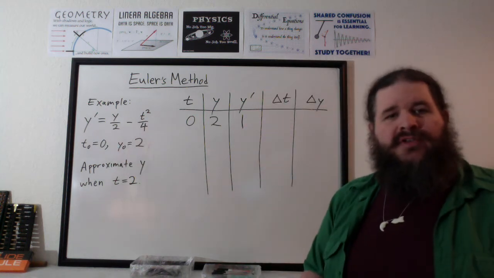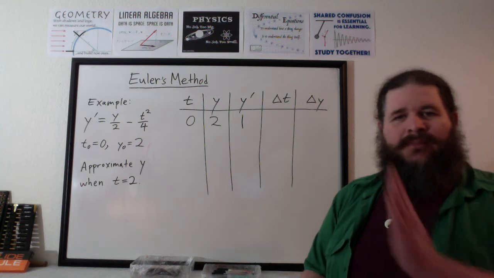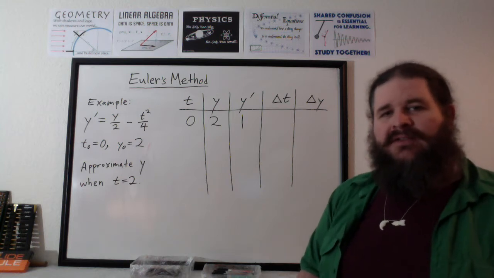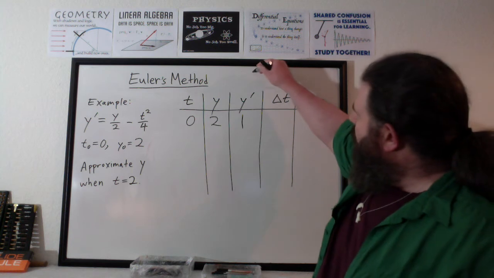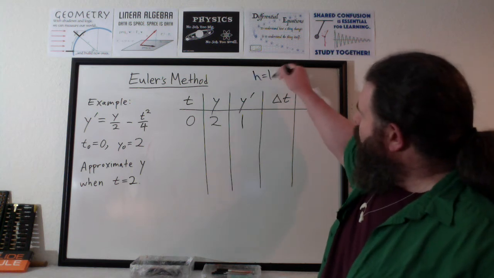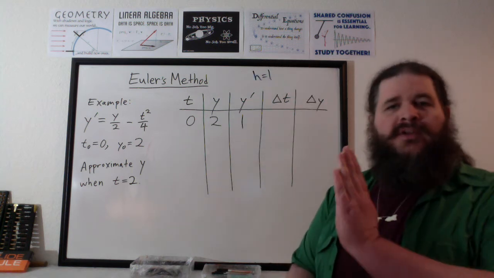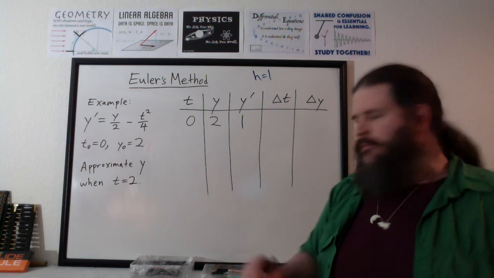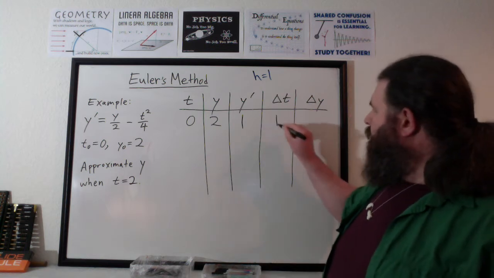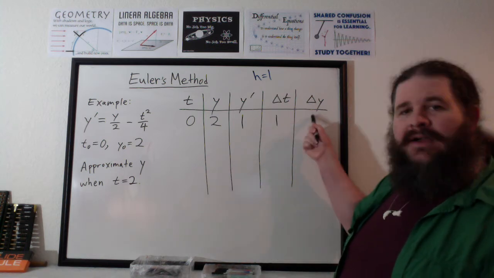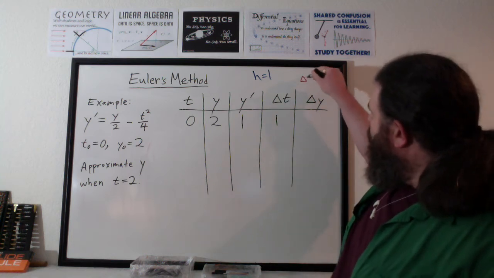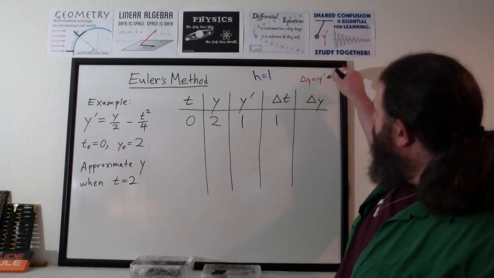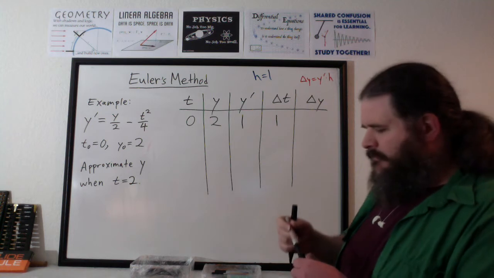And now we'll need to choose a delta t value. We want to choose an h step, a horizontal step forward that we can just use for the whole thing. For this one, let's say delta t is an h step of 1 for simplicity. So each step we're going to go one space forward and some amount up or down. So t step is 1, and then to find delta y, once again, we can just say delta y is the slope times the t step.